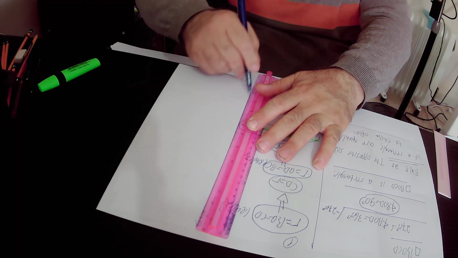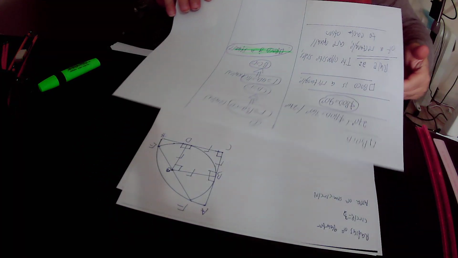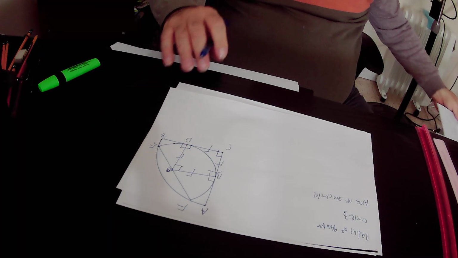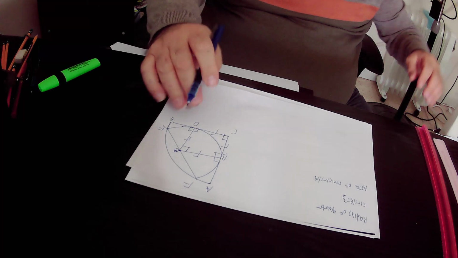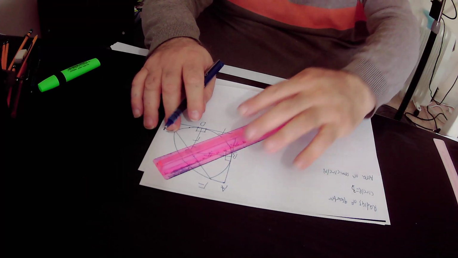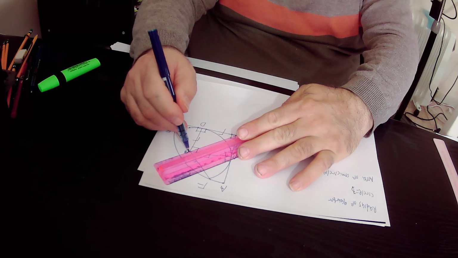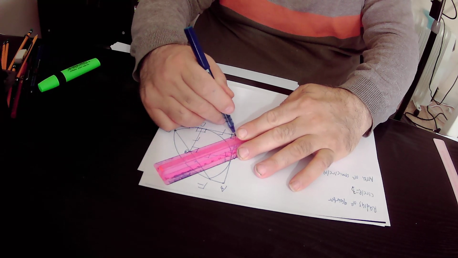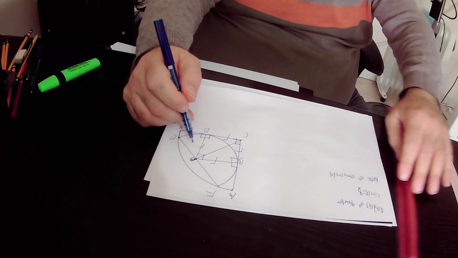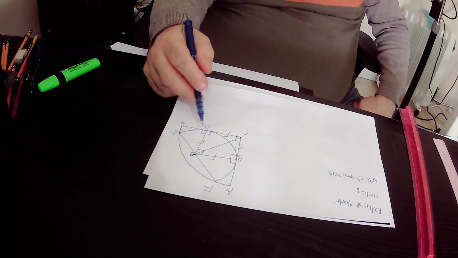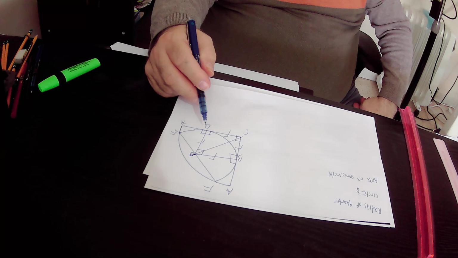In the next step, we will join points O and C together by a straight line, and we'll find out the length of diagonal OC. Diagonal OC is the diagonal of square BOCD.